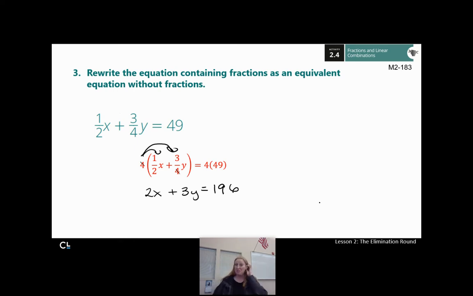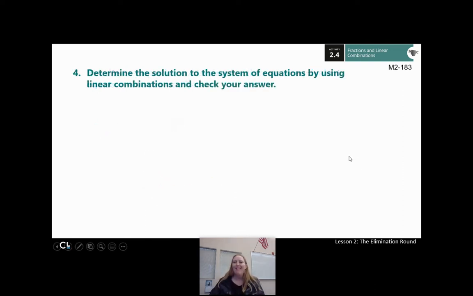I mean, that's not a bad thing. No more fractions. I'm okay with that. Yay, we rewrote the equation without fractions. So now that you've done this, now that we've got you started here, let's rewrite it. So this was our first equation, x plus y equals 84.